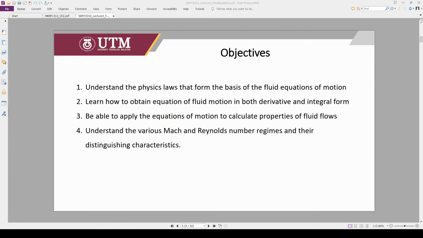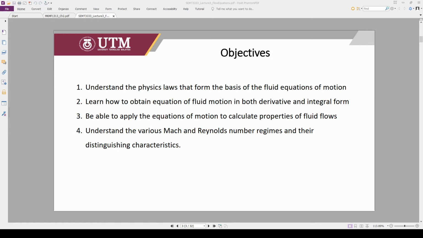Our objective in this topic is to understand the physics laws that form the basis of the fluid equations of motion, and to learn how to obtain the equations of fluid motion in both derivative and integral forms.